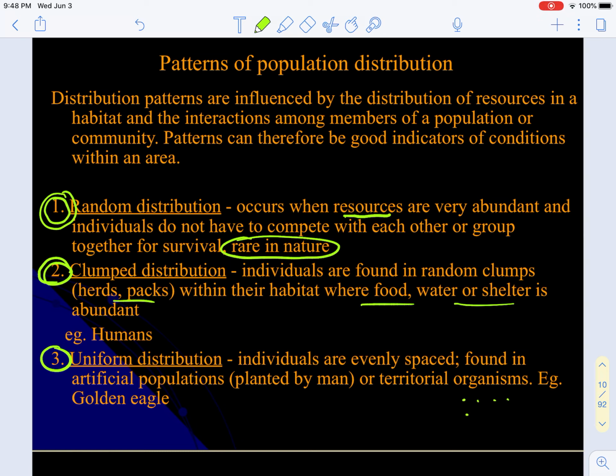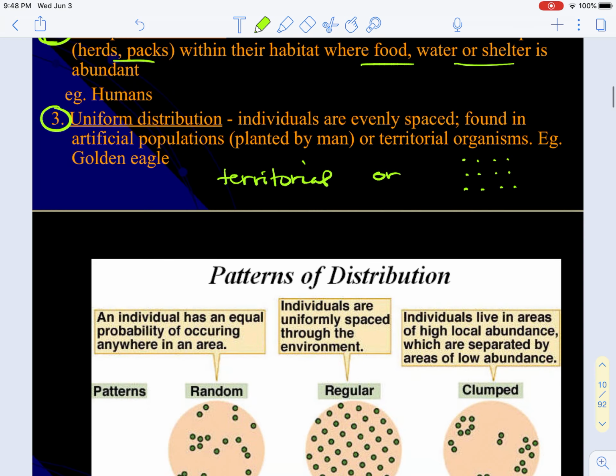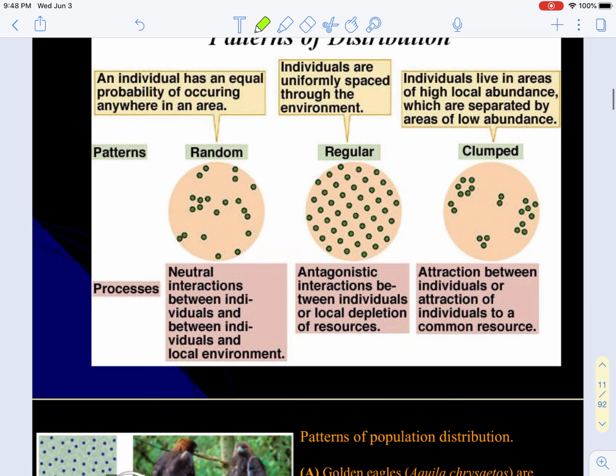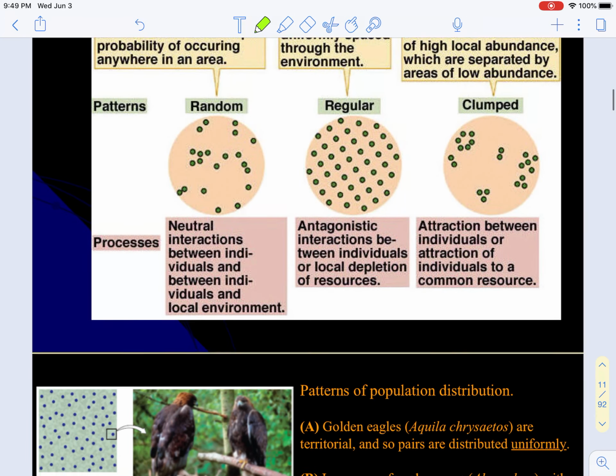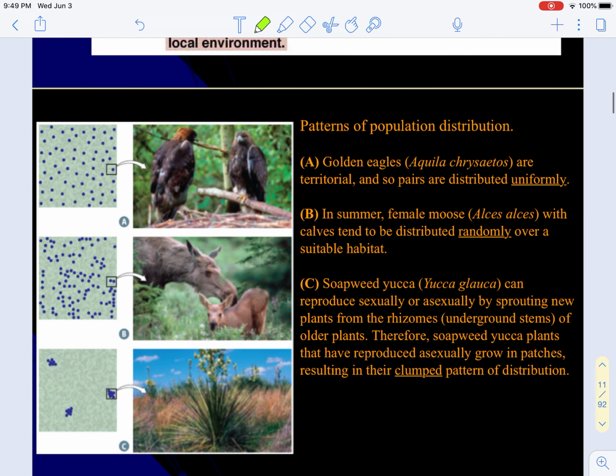Uniform distribution would be where someone maybe planted a garden, or it could be something that's territorial. If it's territorial, there would be a big area where there would just be one, and another big area where there'd be just one more. So there would be reasons that they would be uniform.